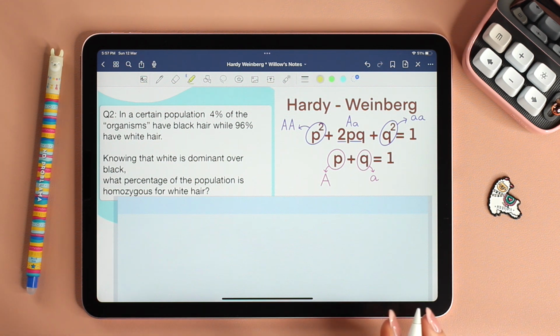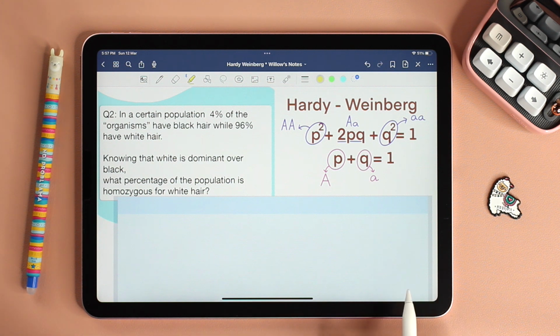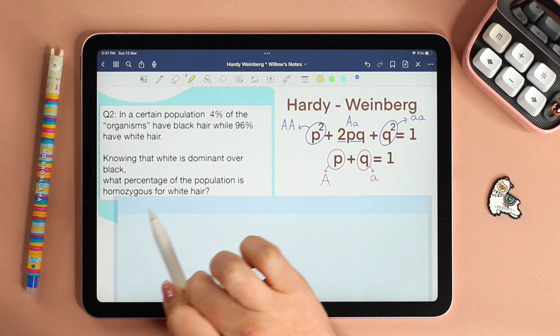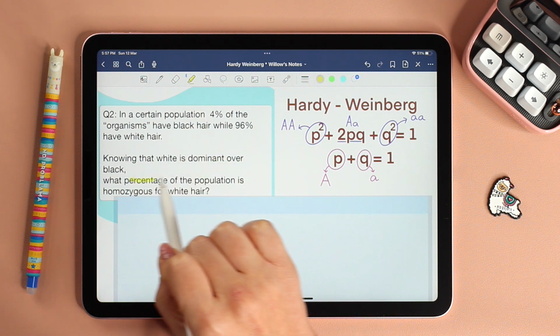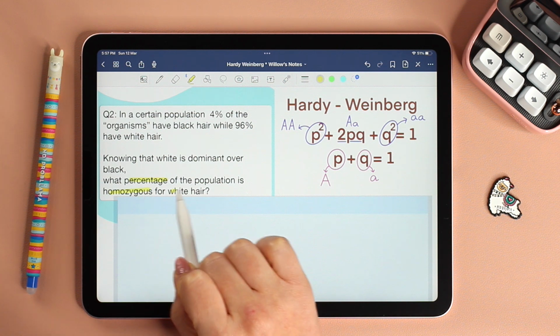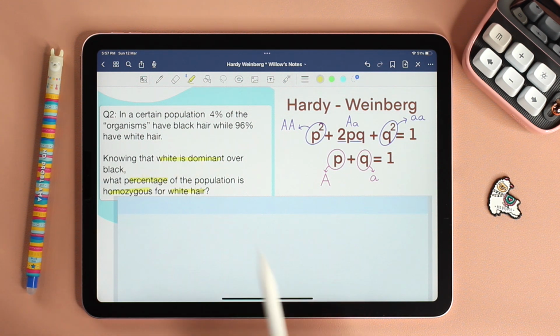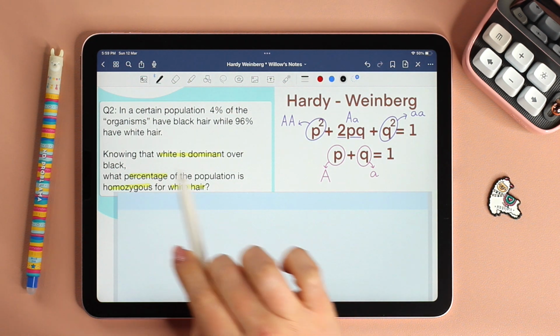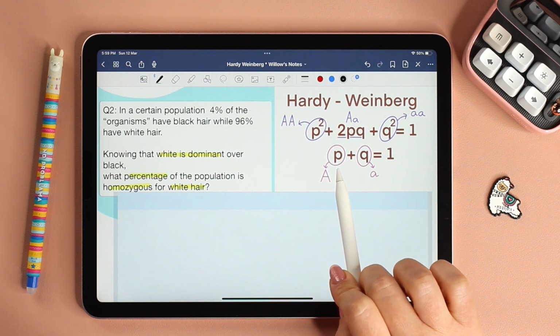So if you remember from yesterday's video, the strategy is to first identify what exactly the question is asking us to find. What percentage of the population, so let's highlight the word percentage, is homozygous for white hair? And it's given here, it says knowing that white is dominant. So the word dominant is making us think either P square or P, right?